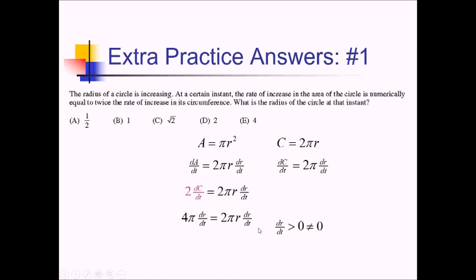So because the rate of change of the radius is not 0, we can divide both sides by dr over dt. We're also going to divide by 2 pi. That cancels out the dr over dt's, and we're just going to end up with 2 on the right side. So r equals 2, final answer, choice D.